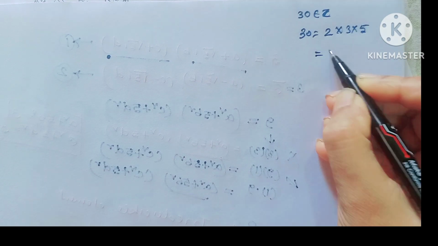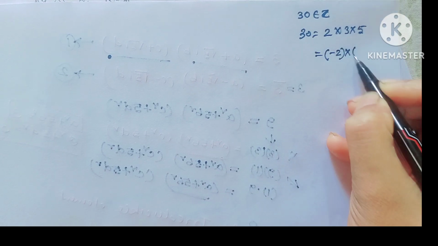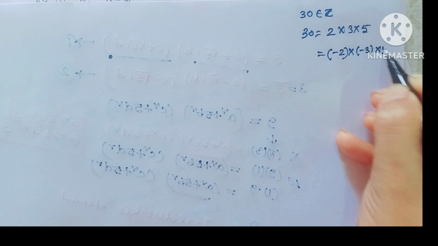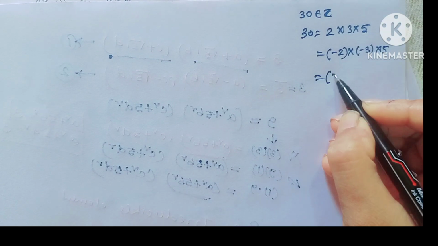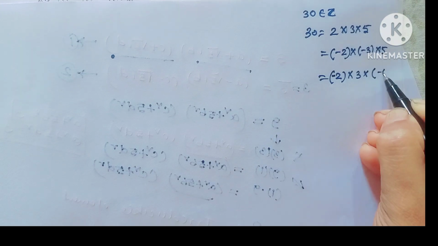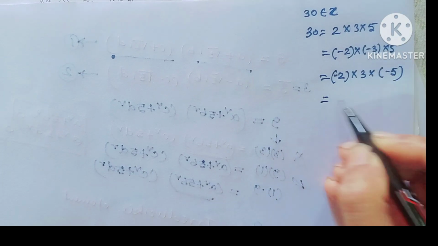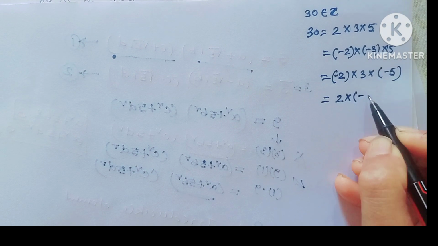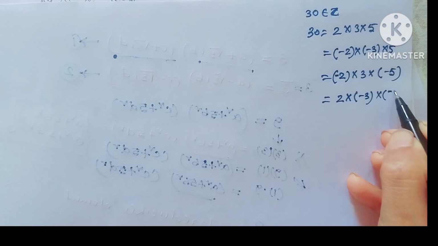We can write this as minus 2 times minus 3 times 5. We can write this as 2 times 3 times minus 5. We can write this as 2 times minus 3 times minus 5.